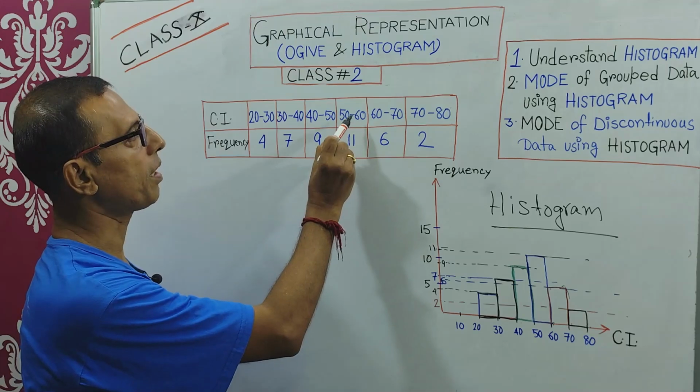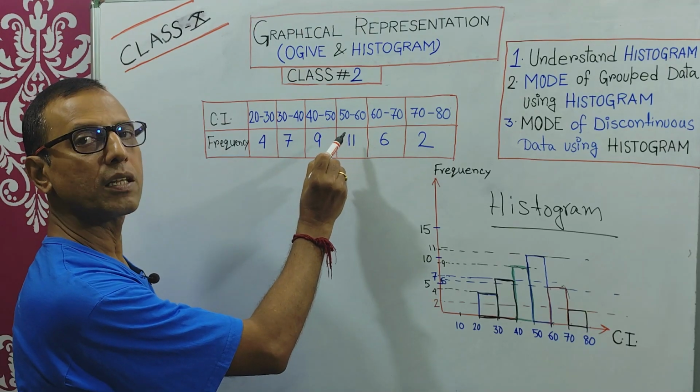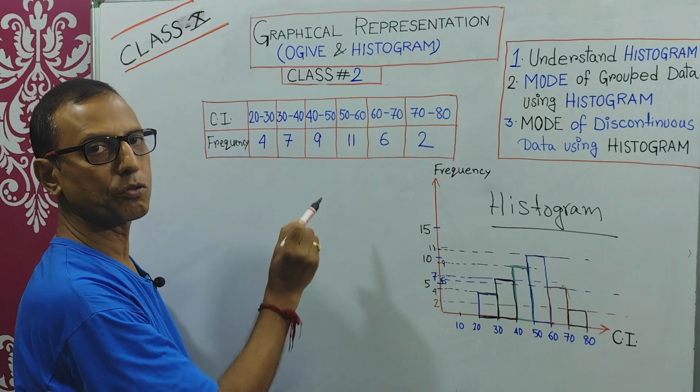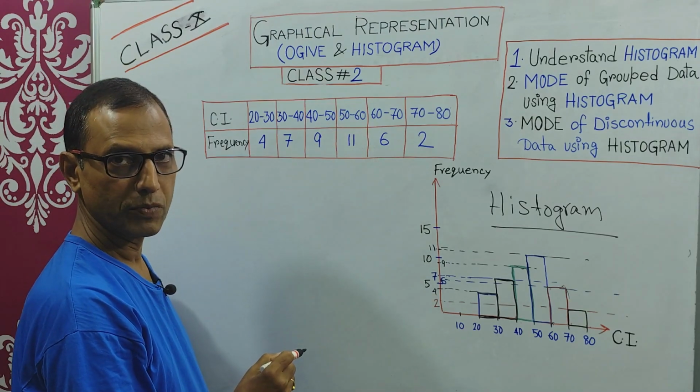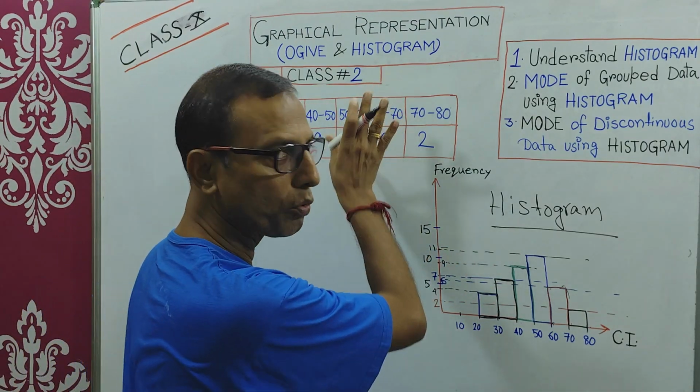So from the tabular data you can understand the mode will come between 50 to 60, but what will the mode be? Let's say you don't have the tabular data.